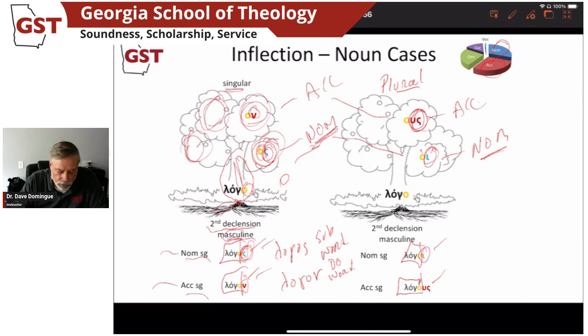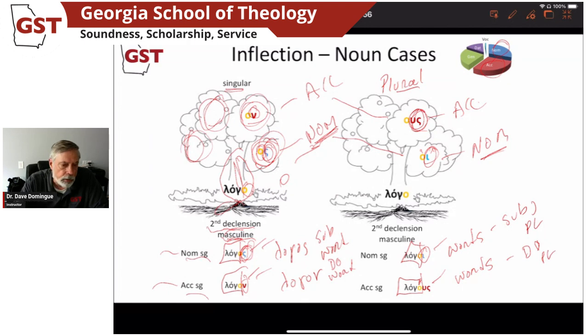Over here, that's still word singular. Here it's going to be words plural. Also here, words plural. The difference is here it's going to function as the subject plural, and here it's going to be the direct object plural.